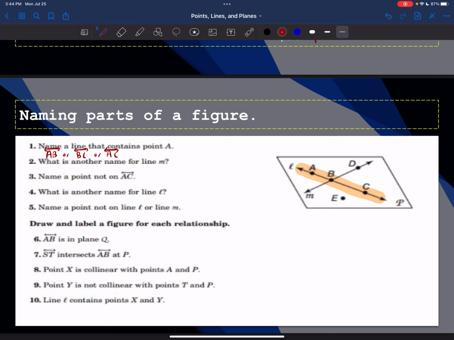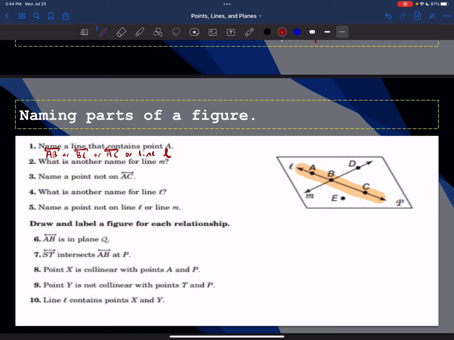Any 2 points, and you just name that line. You're good. There's so many ways that you can name this line. There's one more. Don't forget that this cursive L is next to that line, right? So we can also call this line L.